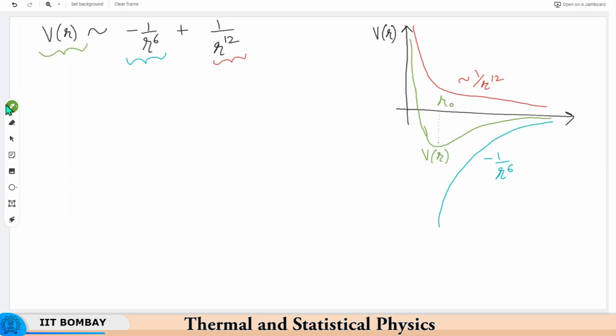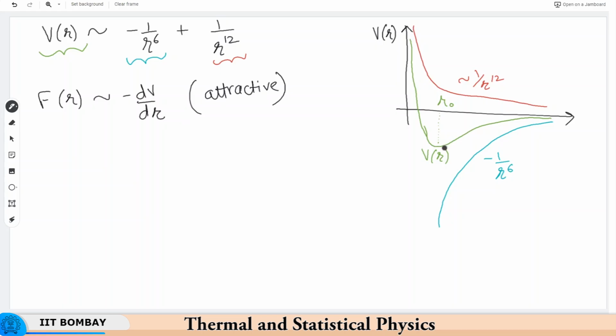what will be the forces acting between these two molecules? The force goes as minus dV by dr, and this is attractive. Wherever the slope of this line is positive, you will have an attractive force.